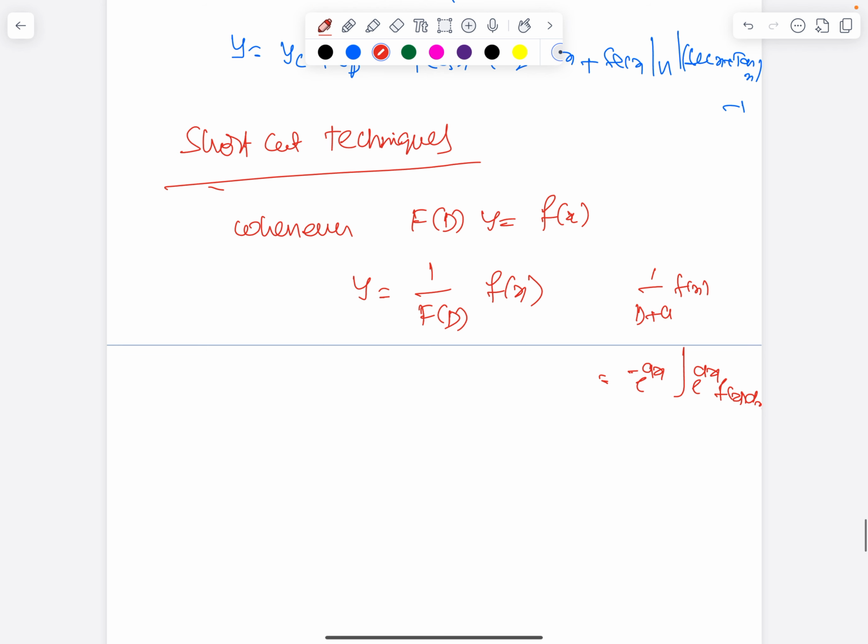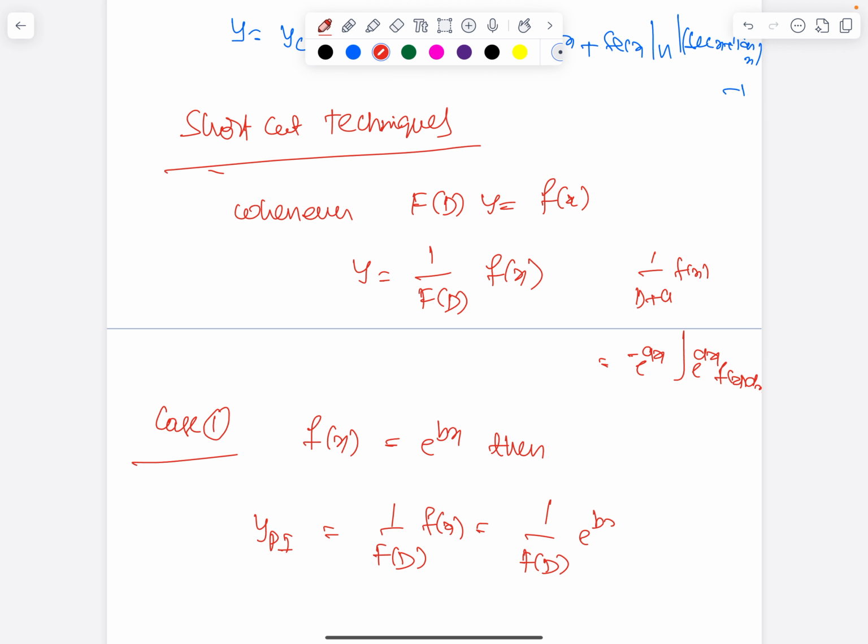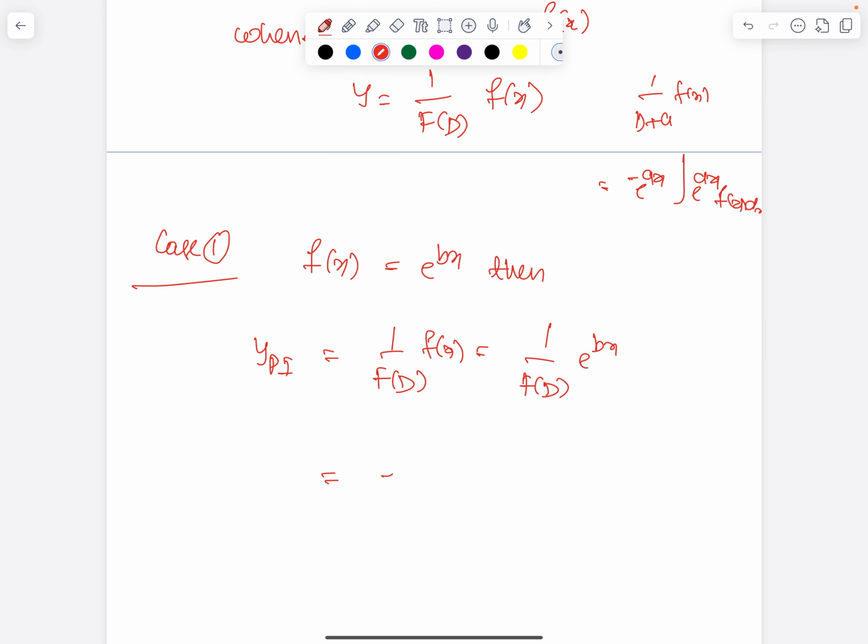So if you have some control over it, what are those controls? Cases. You see that case 1, suppose your f of x is simply e power bx, some exponential form, then your y p i is equal to 1 by capital F of D into f of x, that is 1 by capital F of D into e power bx, and the output is always e power bx into 1 by F of b, provided that capital F of b is non-zero.